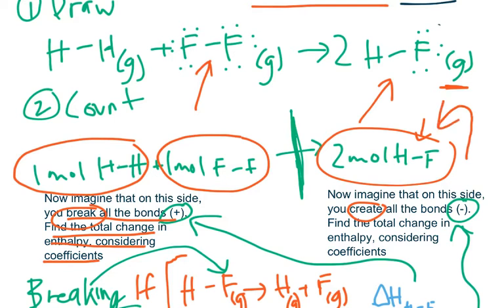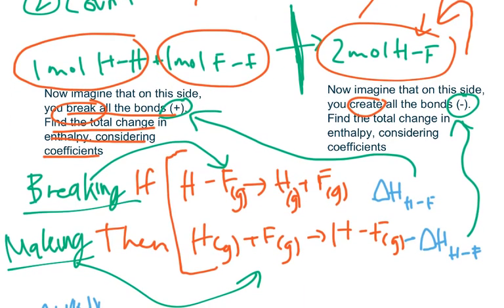So on the product side, we are creating bonds, so it's the opposite of breaking bonds, which is what bond enthalpy is describing. So over here, bond enthalpy is describing the breaking of bonds. Now, what if we wanted to form the bonds, which is what's happening on this side? Then we would flip the reaction and have two atoms combine to form a bond.